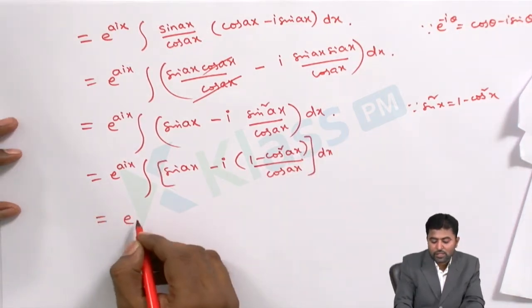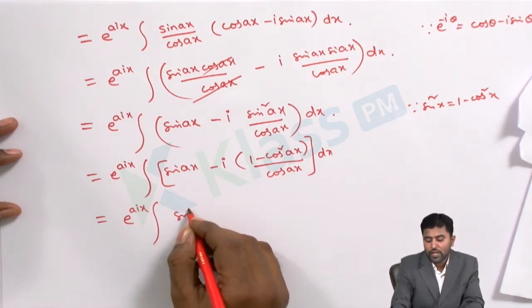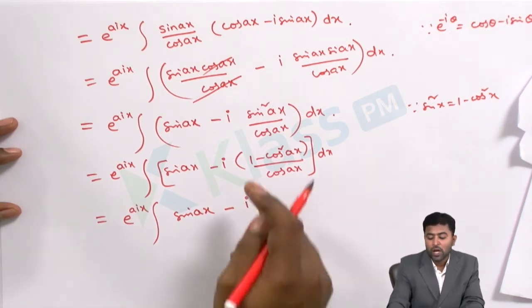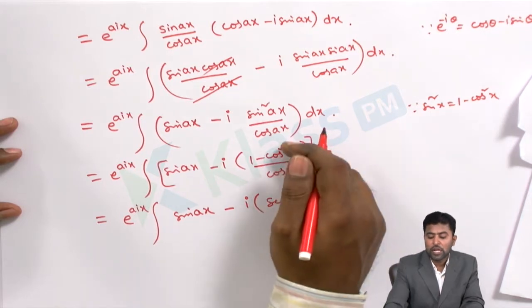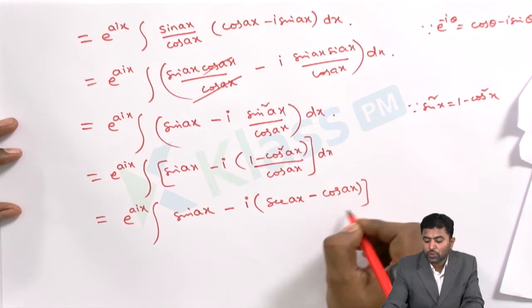Then again solving it, we get e power aix integration of sin ax minus i into 1 by cos, that is secant ax, minus cos square by cos, that is cos ax, into dx.